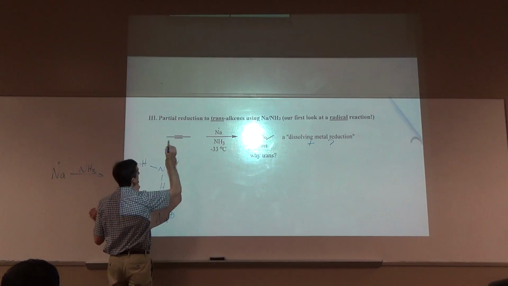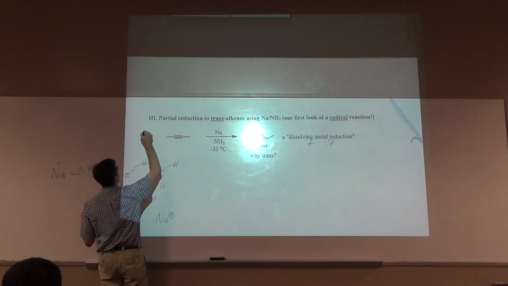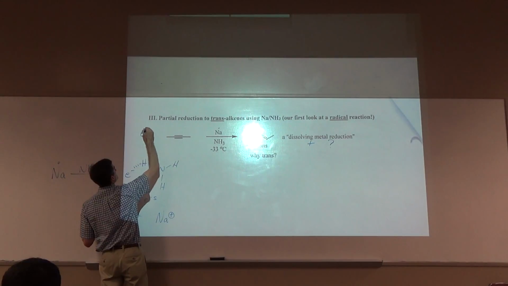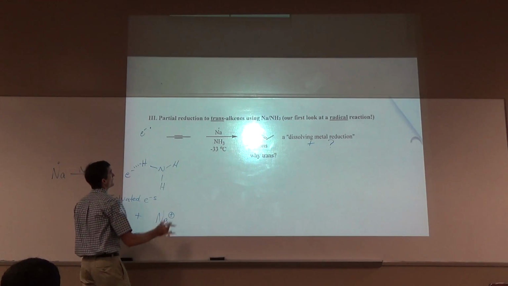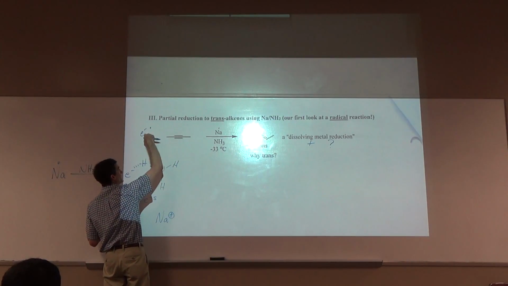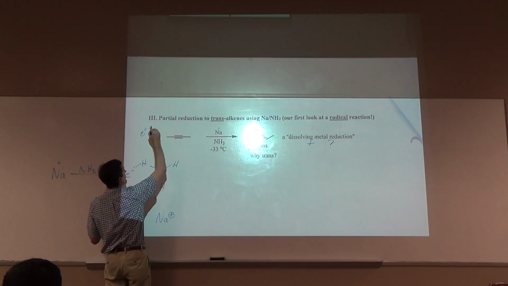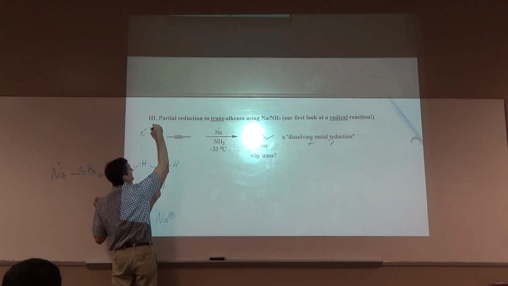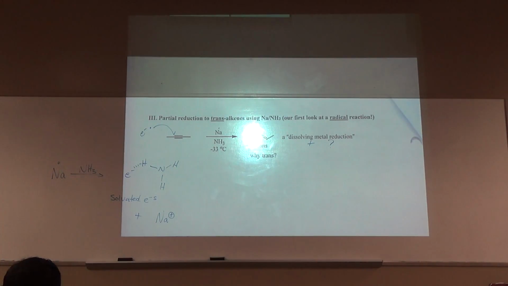So, solvated electrons. This is the beginning. Now the electron goes into the pi system. You can just draw a single electron. Usually this is nucleophilic and we attack something. This is not an electrophile, it's an electron. Here, the electron pumps in here, and we use a fishhook arrow, a single hook.